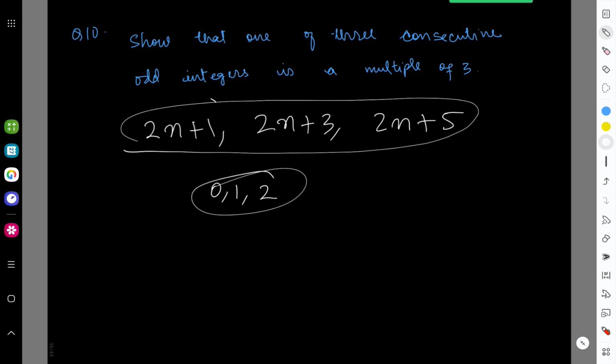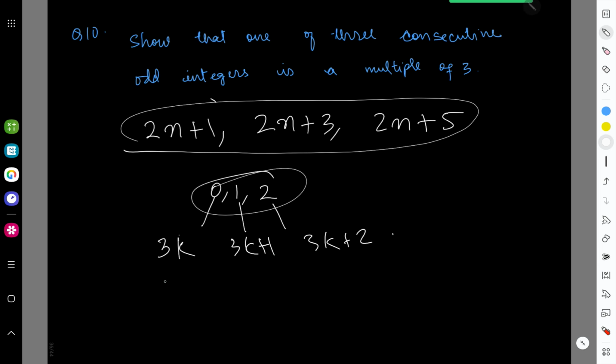Now again we'll be discussing 3 cases for this question number 10. So first we'll discuss when 0 is the remainder, when 1 is the remainder, and when 2 is our remainder. When 0 is the remainder, then we can express these as 3k, 3k plus 1, 3k plus 2.